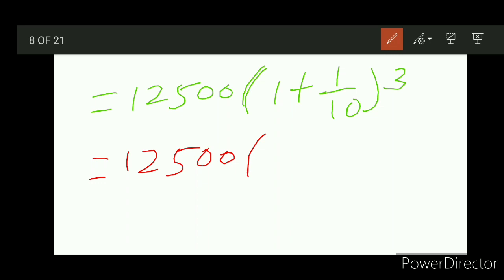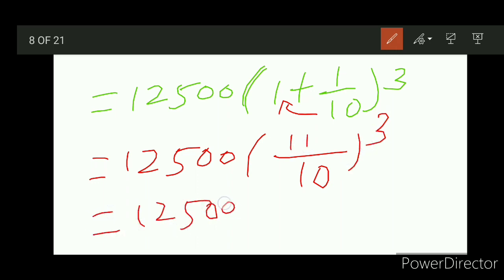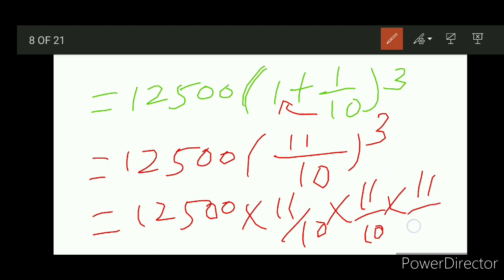10 is the LCM. If you cross multiply, 10 into 1 is 10, plus 1 is 11, the whole to the power 3. Now we should repeat 11 by 10 3 times. Got it?